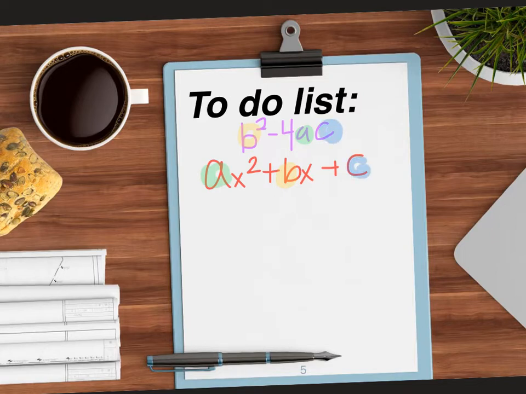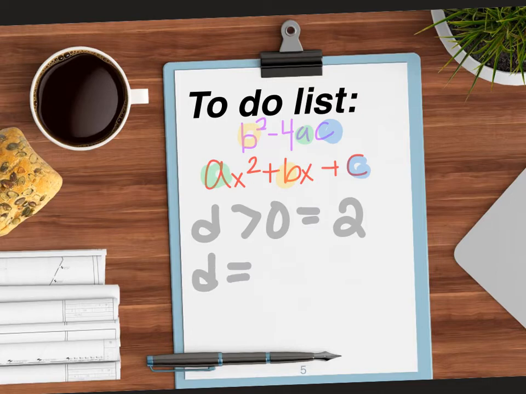So when we fill out and plug into this formula, if our final answer, our discriminant, so that should be a d, if our d is greater than 0, it's going to have 2 answers. If d is equal to 0, it's going to have 0 answers.